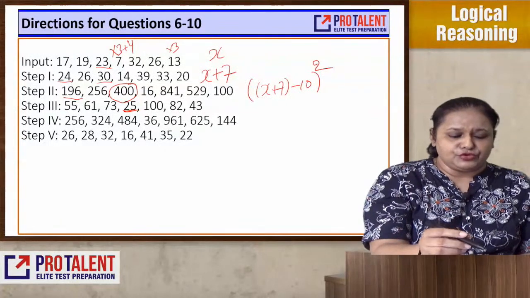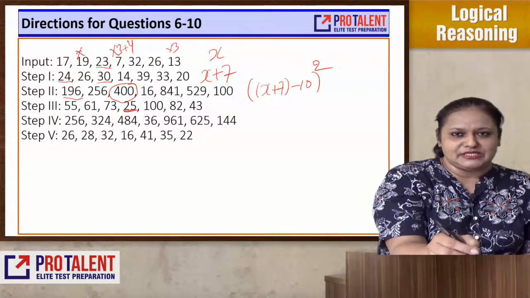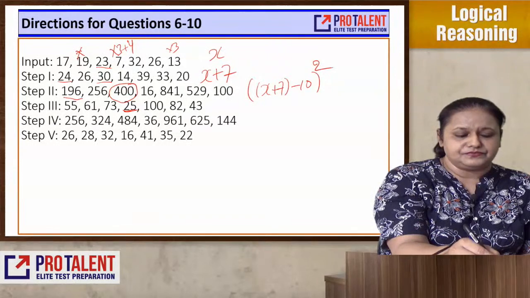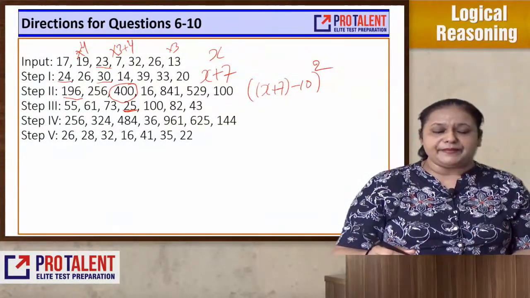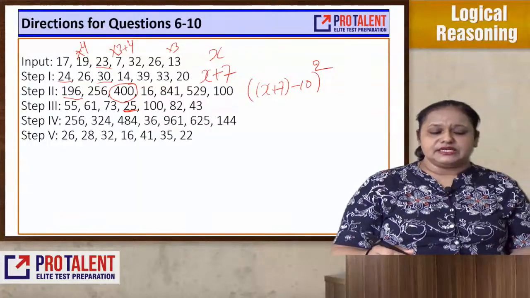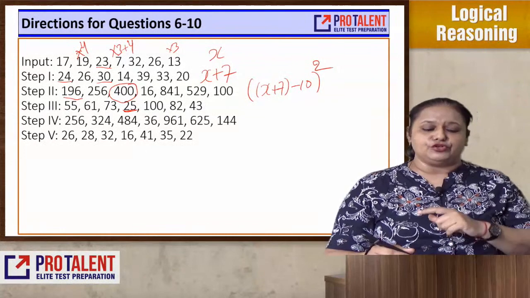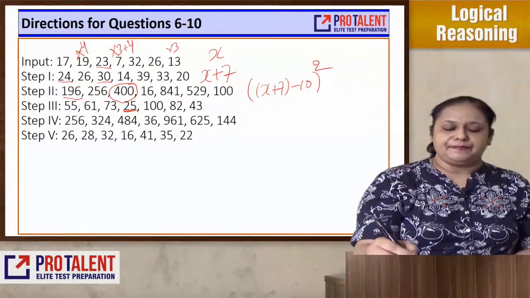So if I take 20, 20 into 3 would have been 60, minus 3, 57, and 57 plus 4, correct. So got the clue how I am getting step 3? Is it clear? The input, you multiply by 3 and add 4 to it. This is the clue. Okay, fine. Now step number 4.